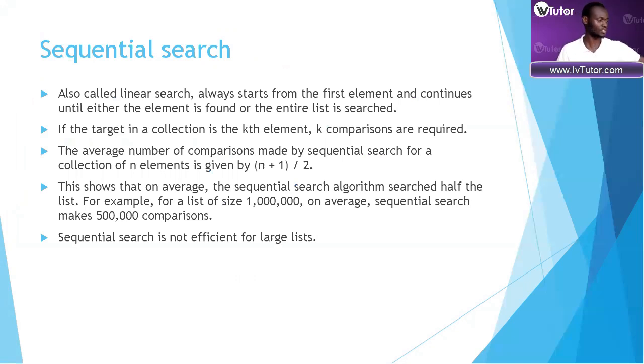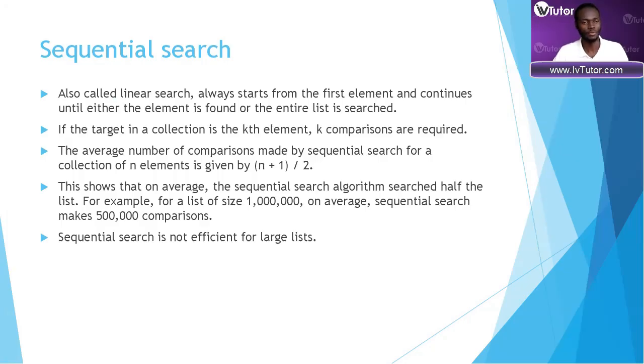You just go item by item from the first item to the last item, and there's nothing complicated about that. That's why it's called the sequential search algorithm, because you search your list in sequence, starting from the first element down to the last element.